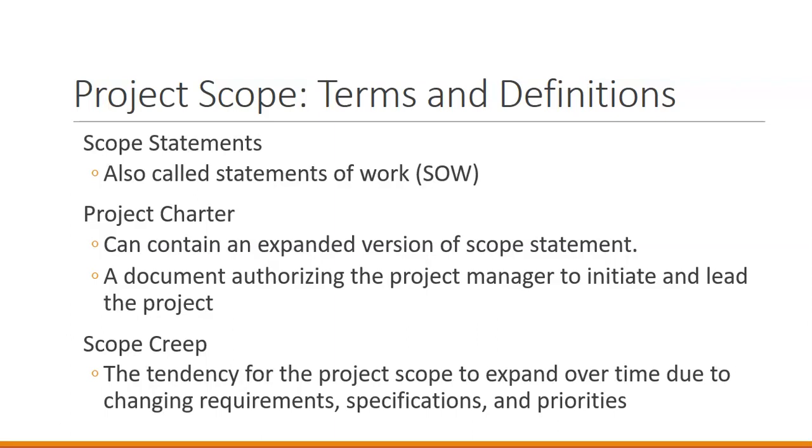And I've already talked a little bit about scope creep. This is the tendency for our project scope to expand over time due to various things. This also, when I showed that video in the first week about bike shedding, bike shedding can also lead to scope creep.